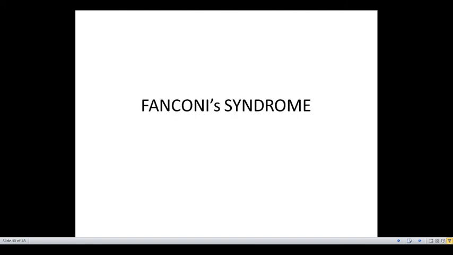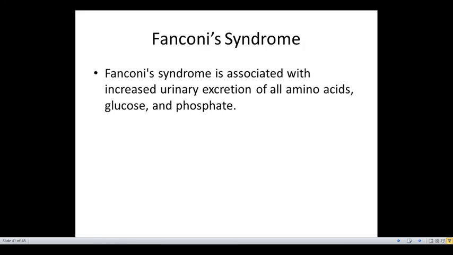Next, we study an interesting tubular disorder called Fanconi's syndrome. Fanconi's syndrome is associated with increased urinary excretion of all amino acids, glucose and phosphate.